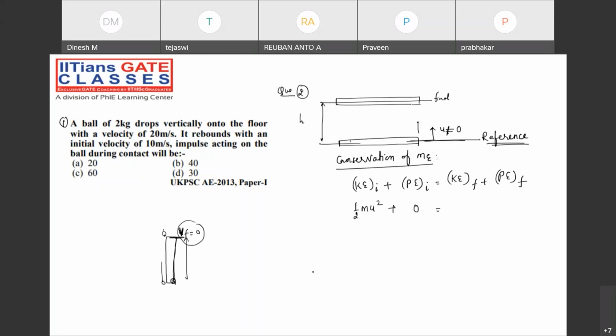At the end, for some moment, it will be at rest while reaching the top of the building. And that is why the final kinetic energy will be 0. What about the potential energy? m g h. Then what can we have for the velocity? Can I say the square root of 2gh? Check it out. Please check it out.